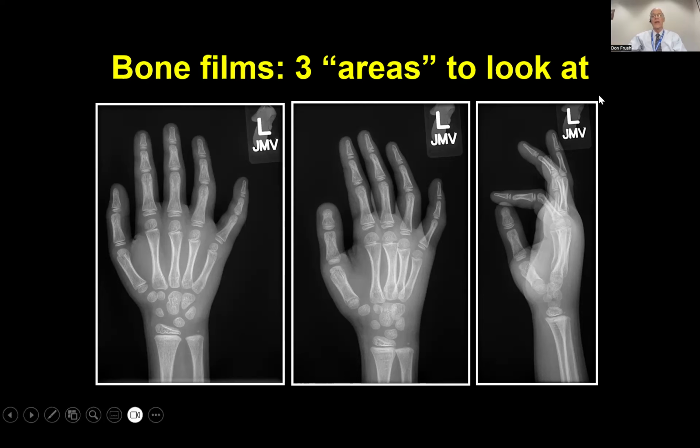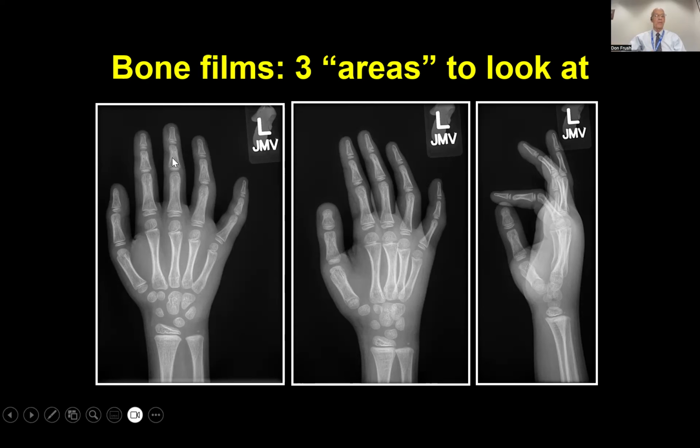So what are the 3 areas you look at with bone films, whether it's an ankle, a wrist, a hand, etc.? Well, you want to look at the bones, right? See if they're normal or they have a focal lesion or a fracture or something. You want to look at the soft tissues of the hand or the ankle, the knee, the elbow, etc., and see if they're normal or abnormal. It might be calcification, it might be swelling. And you want to look at the relationships of the bones to each other, the joints, right?